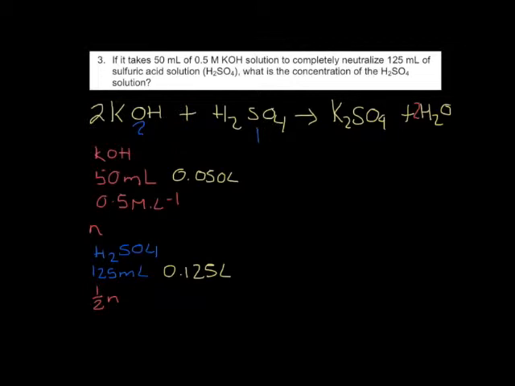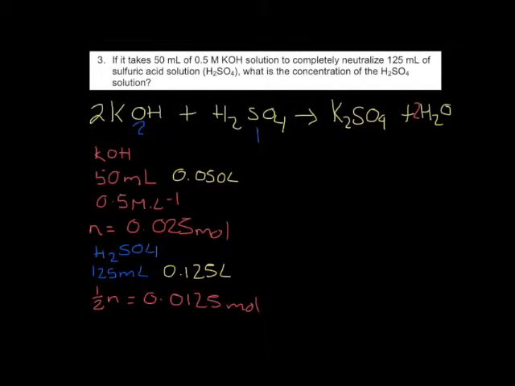I'm going to do that calculation now and work out how many moles for the potassium hydroxide. So that gives me 0.025 moles. And remember, I've got twice as much potassium hydroxide, so I need to divide that number by 2 to give me the number of moles of sulfuric acid, which is 0.0125 moles.